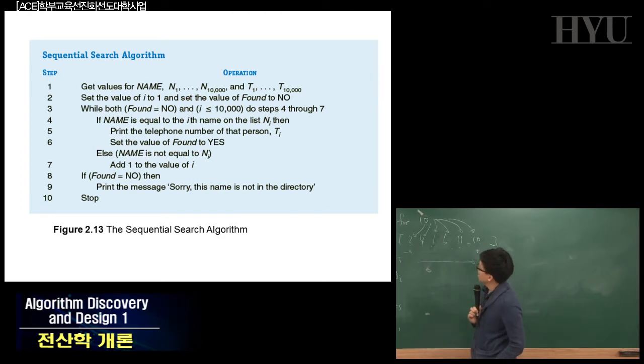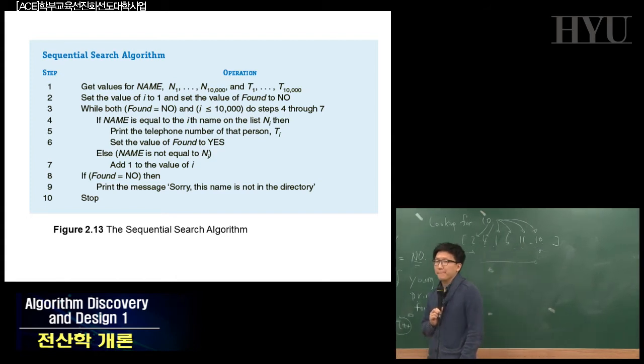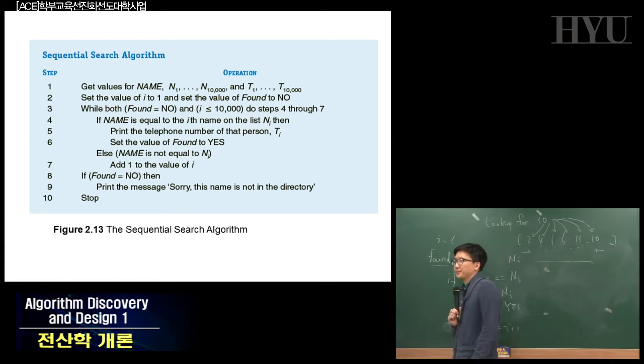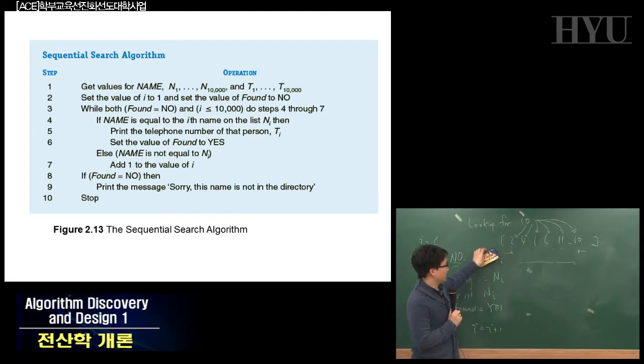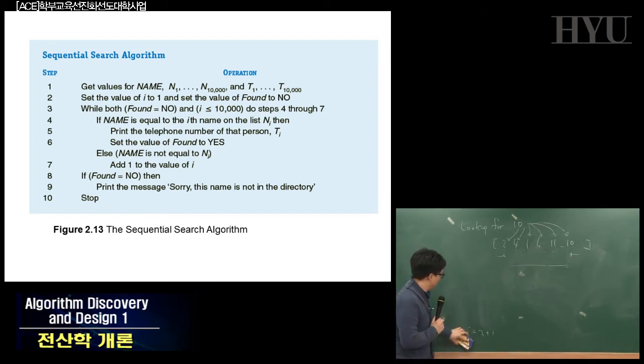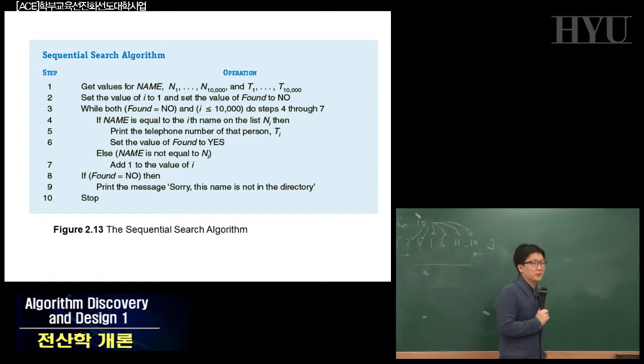What would you do if you want to improve this algorithm, the sequential search? Let's say you have a long list like that. It's a wild guess. I'd like to improve these algorithms.